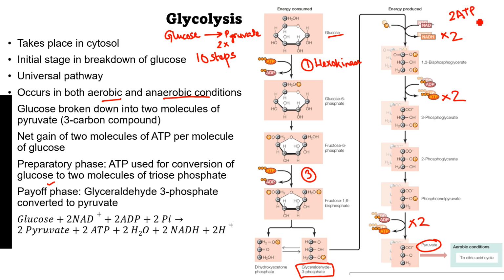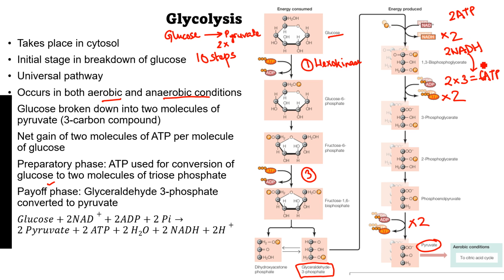And how many NADH do we get from glycolysis? We get two molecules of NADH, and as we learned in the last lecture, this NADH is a reducing equivalent. When it is oxidized to NAD plus through the electron transport chain, or oxidative phosphorylation, one molecule of NADH gives me three ATP molecules, so two molecules will give six ATP.